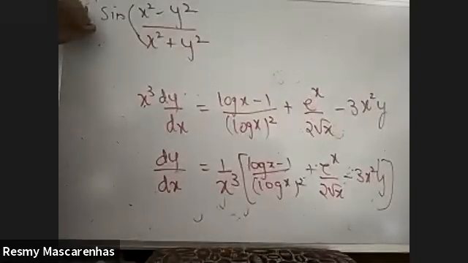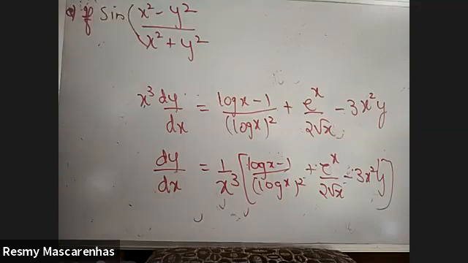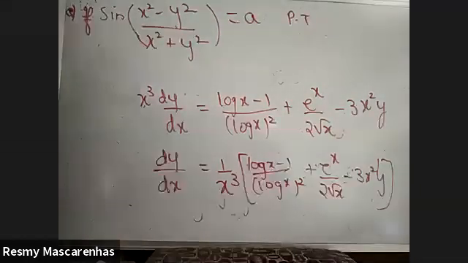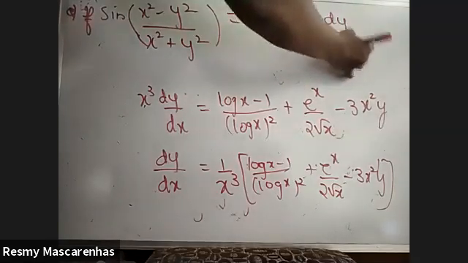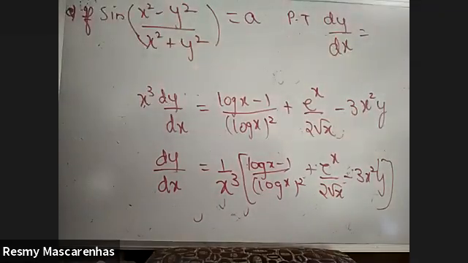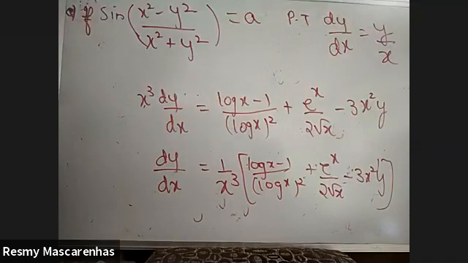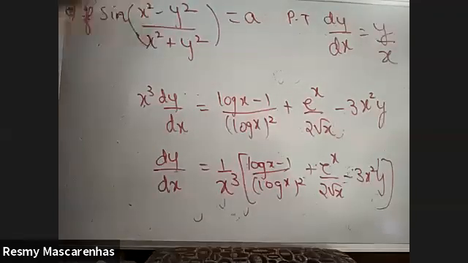If sine of x square minus y square upon x square plus y square is equal to a, prove that dy by dx is equal to y upon x. If sine of x square minus y square upon x square plus y square is equal to a, prove that dy by dx is equal to y upon x.